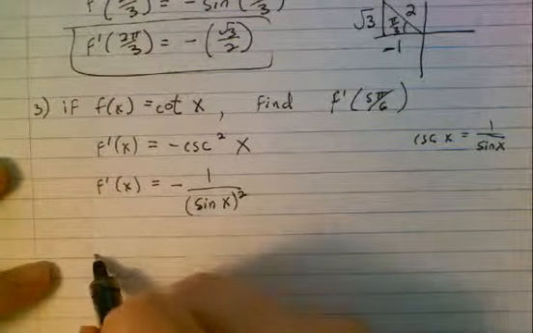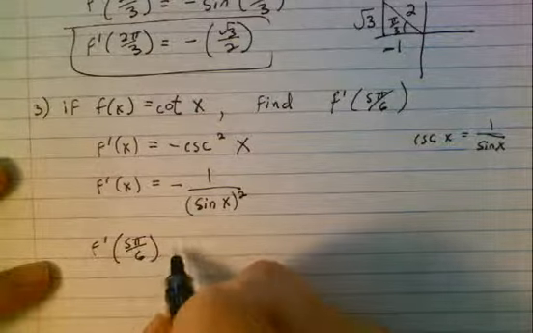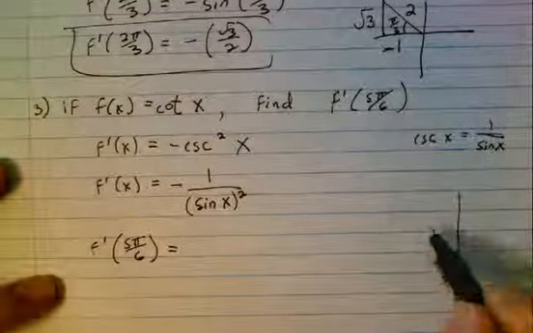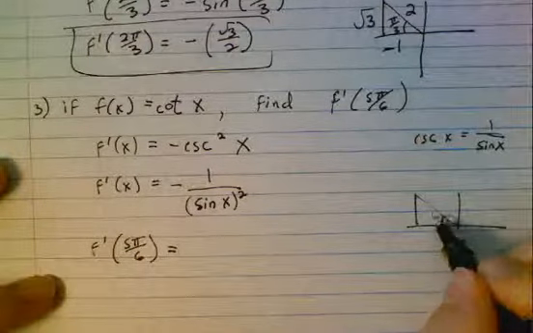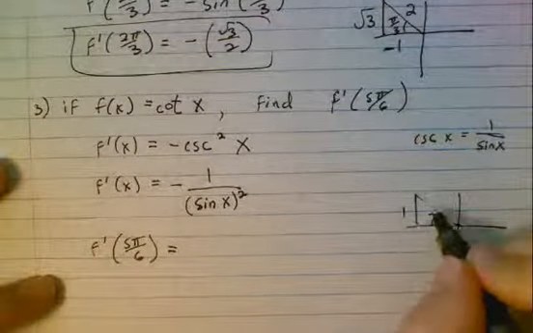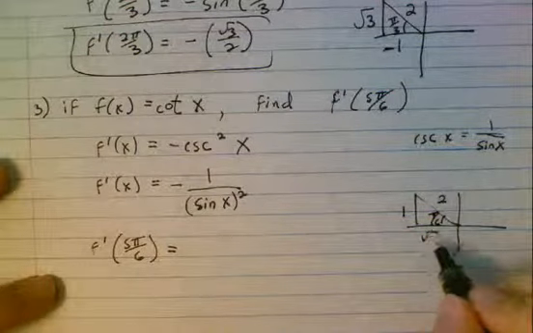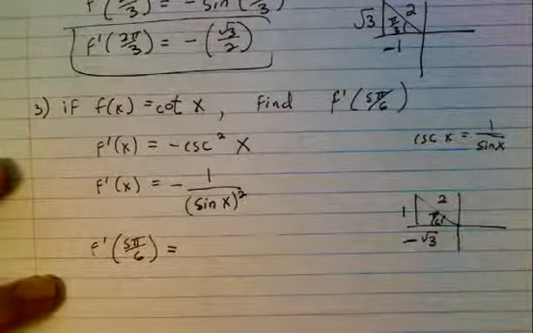So now if we're trying to find the derivative when x is 5 pi over 6, 5 pi over 6 is right here, pi over 6 is our reference angle, the opposite side is 1, hypotenuse is 2, adjacent is root 3 but in the negative direction.